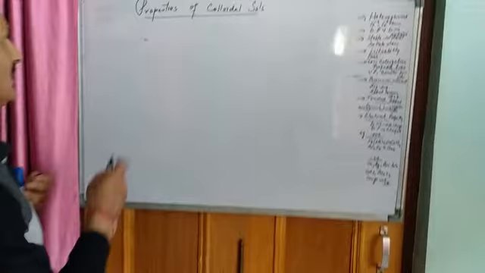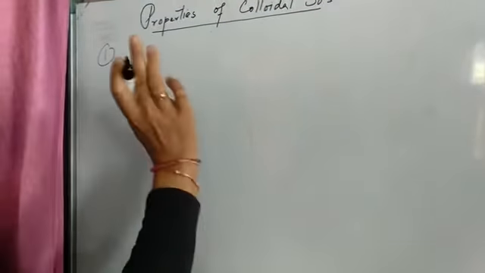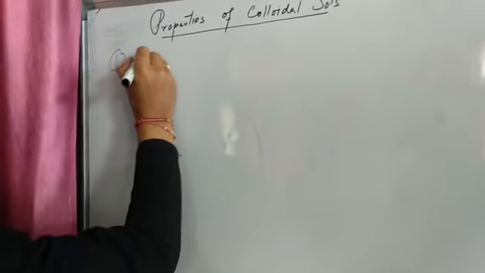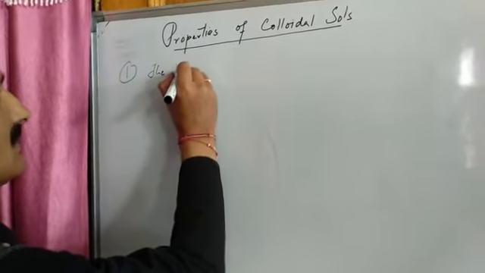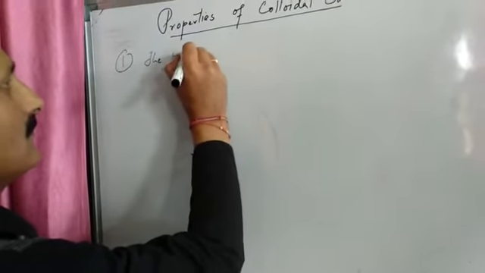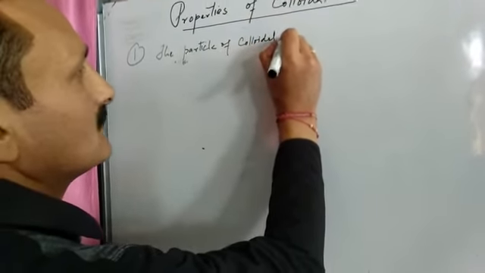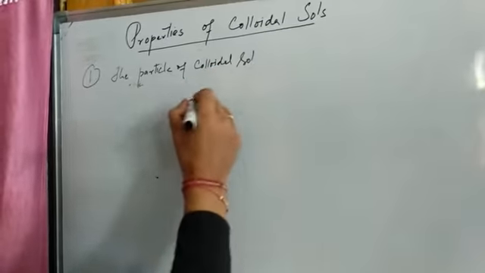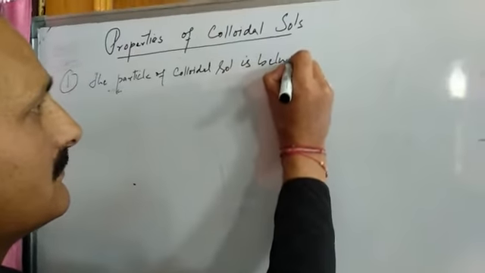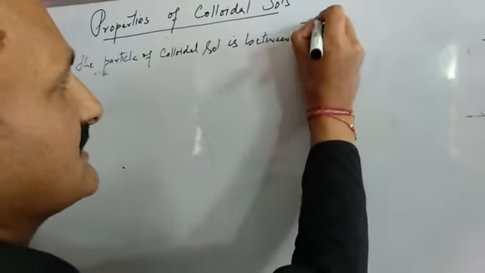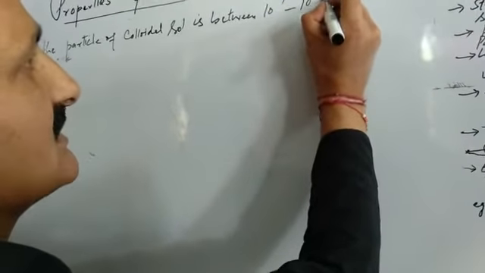So, first property today that I am taking for colloidal solutions: the particle size of colloidal solutions, or colloidal sol, we can call them, is between 10 raised to power minus 9 to 10 raised to power minus 6 meter.